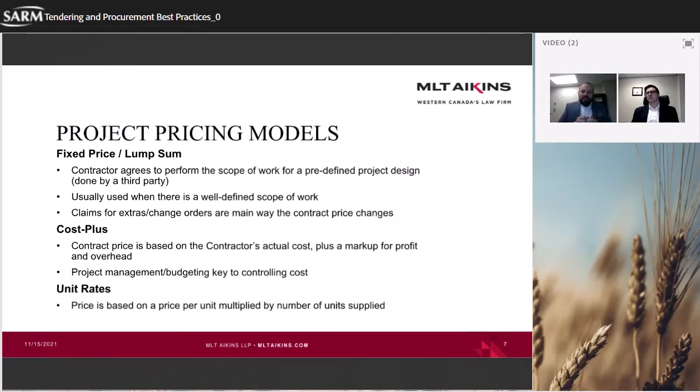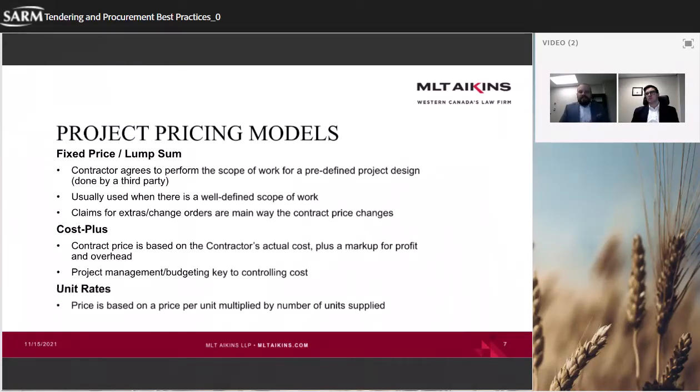So we constantly see that tension between owner and general contractor, or general contractor and subcontractor, on lump sum pricing, because of the question: was whatever we are building at the end the same scope of work that we had bid on? Was it anticipated and included in the price, or is this now extra?